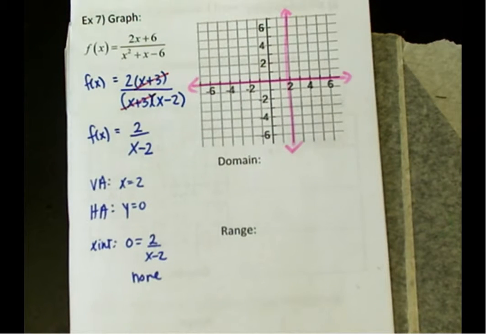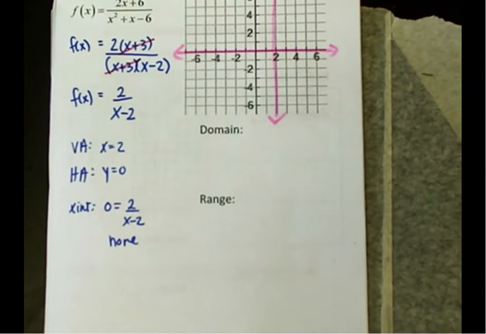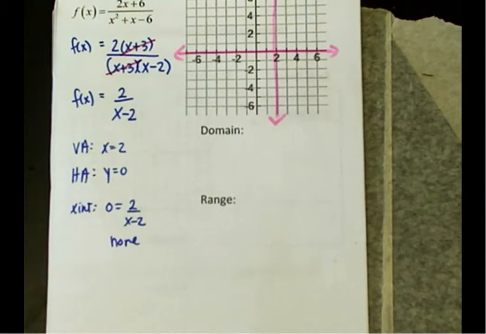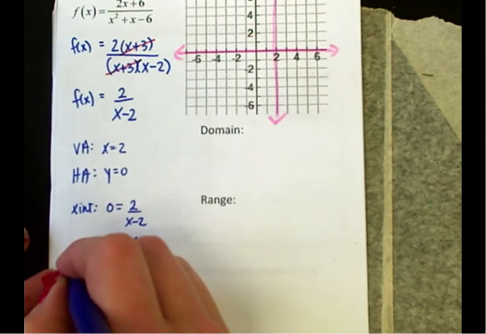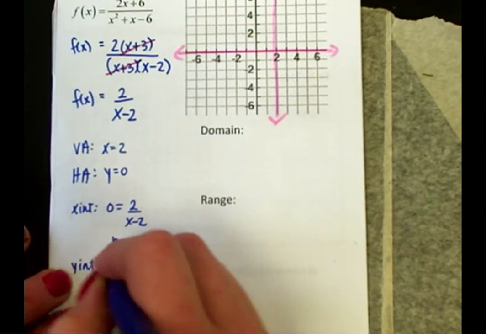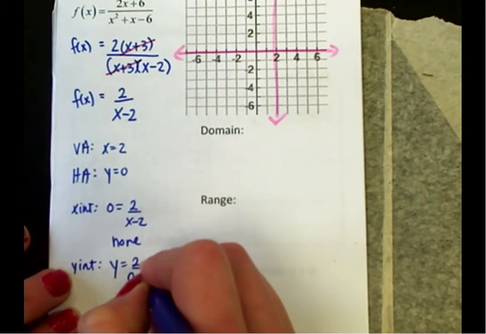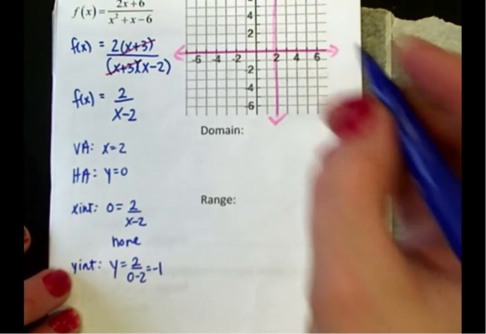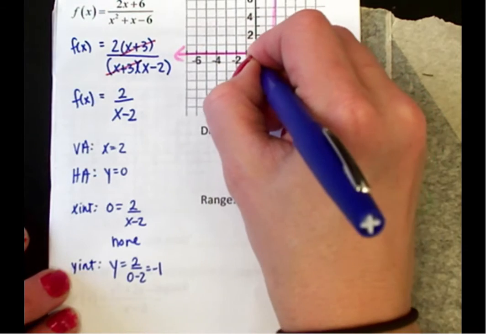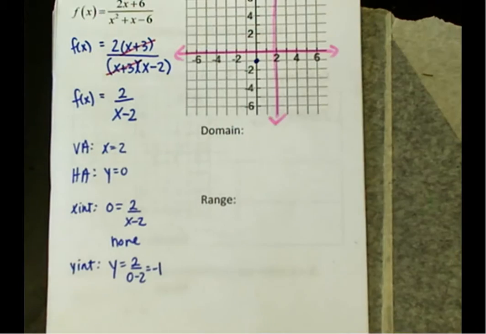Right, algebraically, it would not solve. Y-intercept. Okay, so 0, -1. Hole.